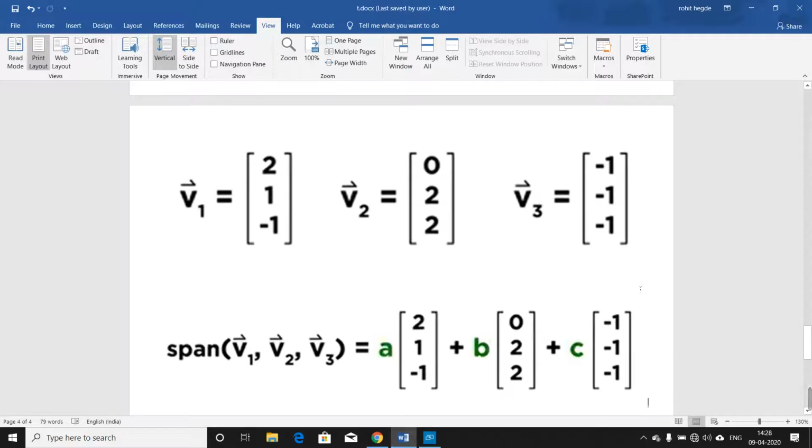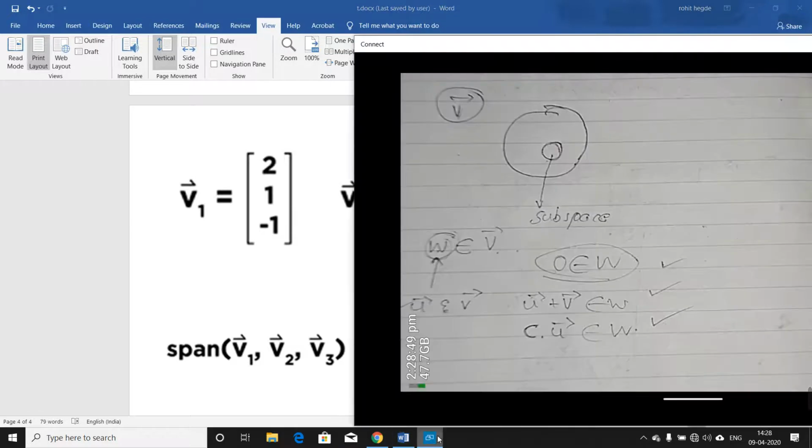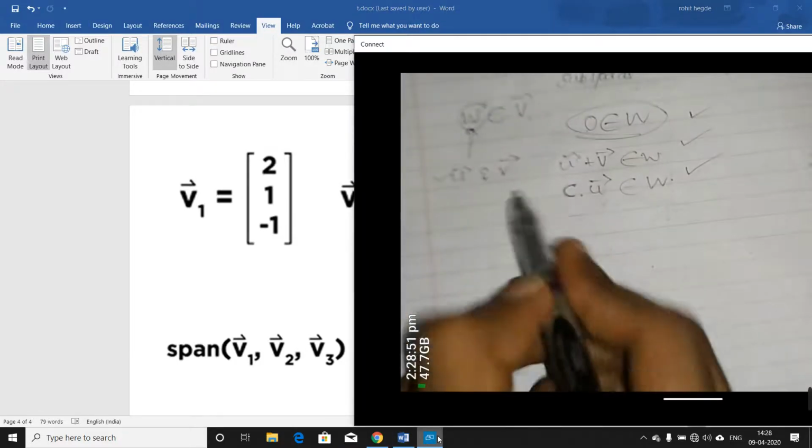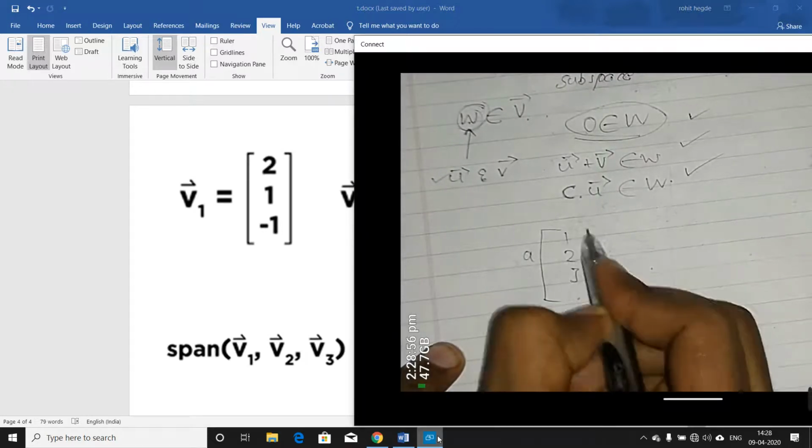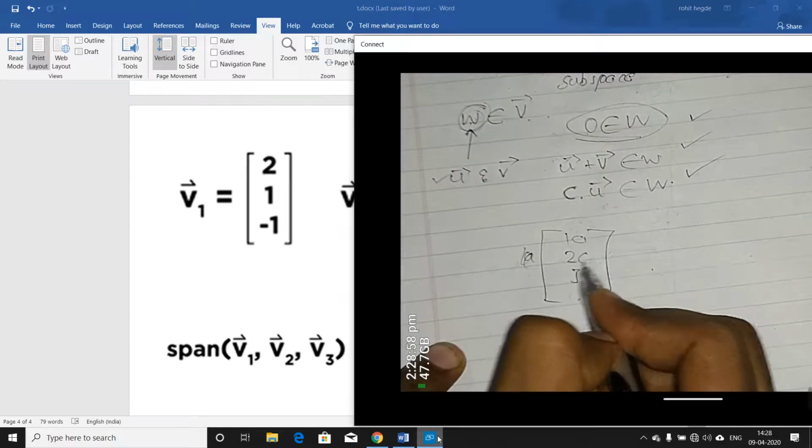If we multiply, it becomes 2A. If any scalar is there and here is some vector 1, 2, 3, then it becomes 1A, 2A and 3A.